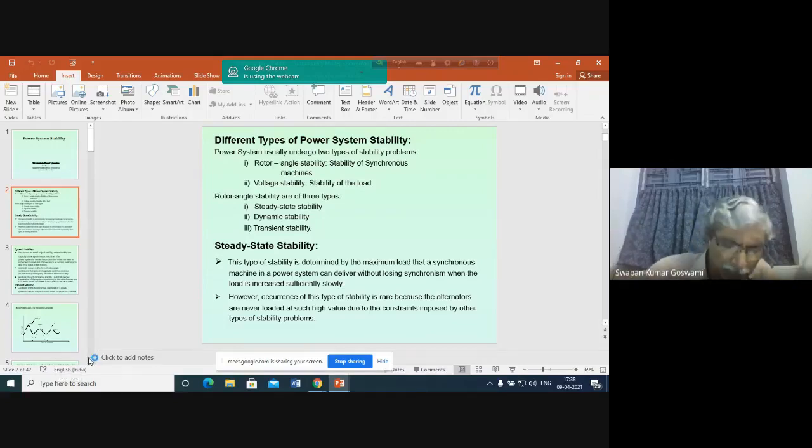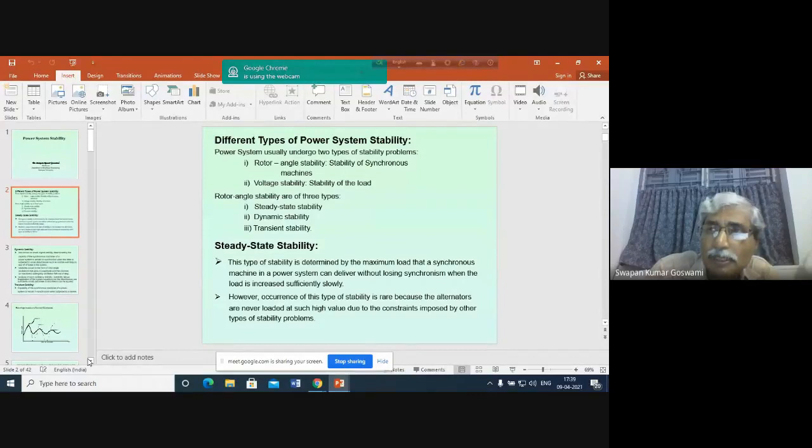Why has del F square been neglected? Because we assume that change in frequency is very small. F is say 50 hertz in our system and del F is usually very small, so del F by F will be still smaller, so small that its square will be negligible.